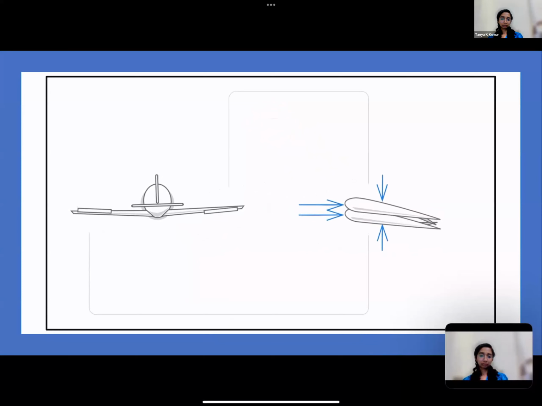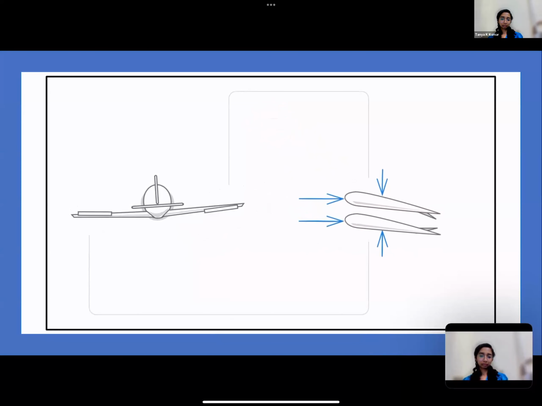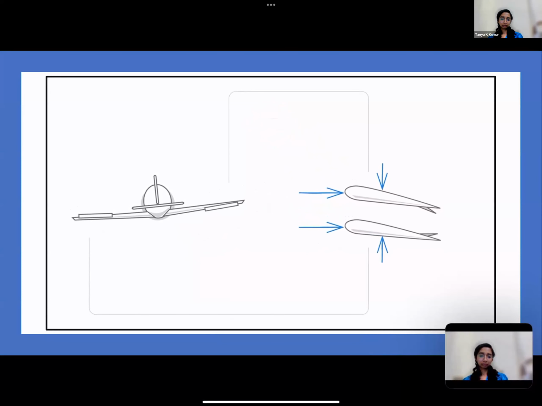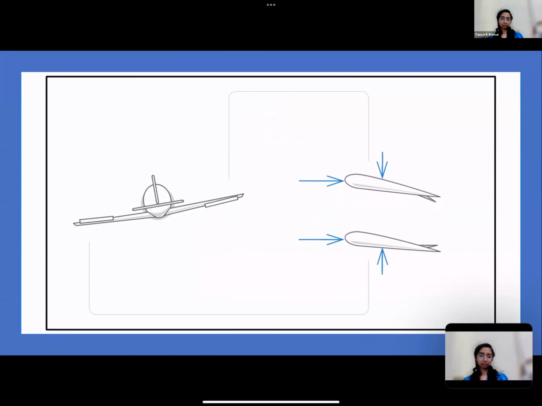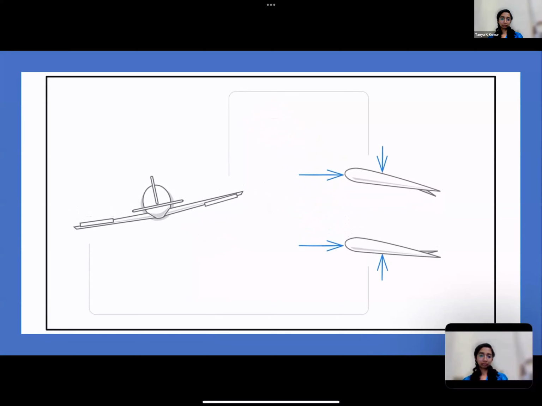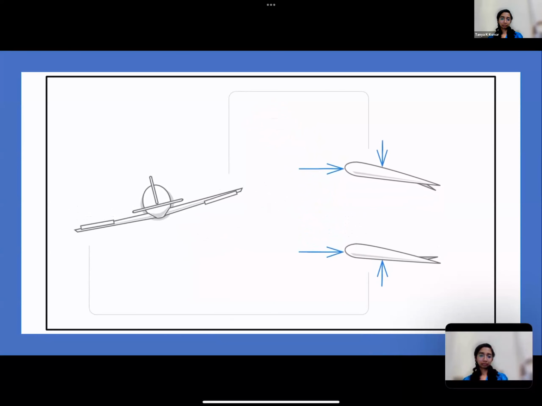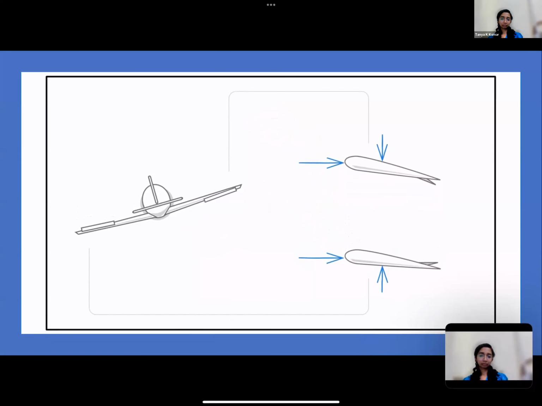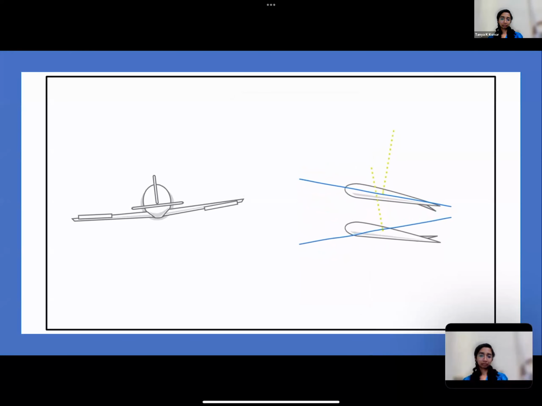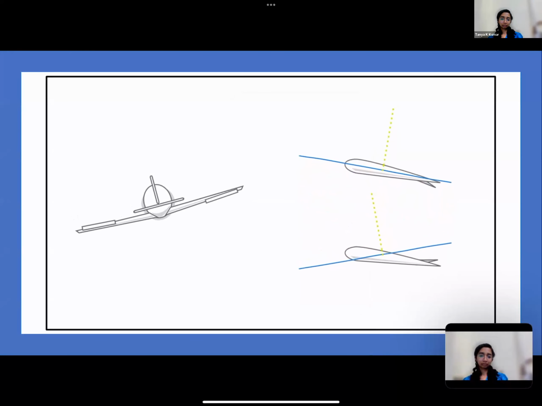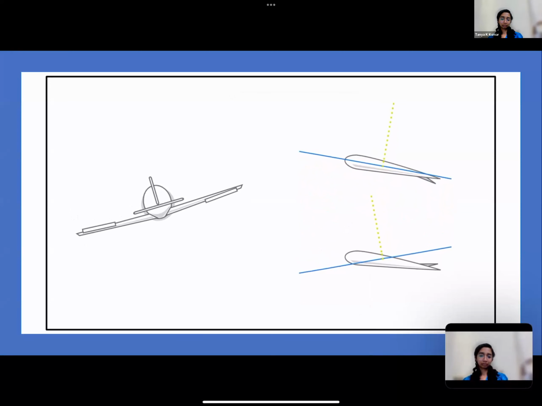But as the aeroplane rolls and the left wing moves down, a small amount of additional airflow strikes the wing from below. As the right wing moves up, a small amount of airflow strikes the wing from above, and vice versa. So as the aeroplane rolls, the relative airflow is deflected slightly up on the right wing, and the relative airflow is deflected slightly down on the left wing.